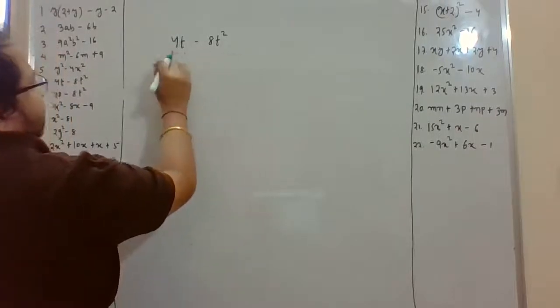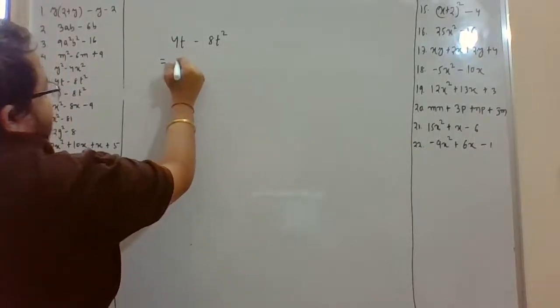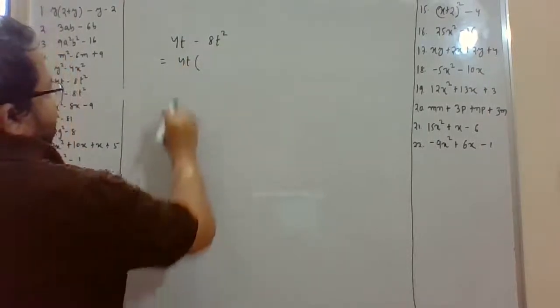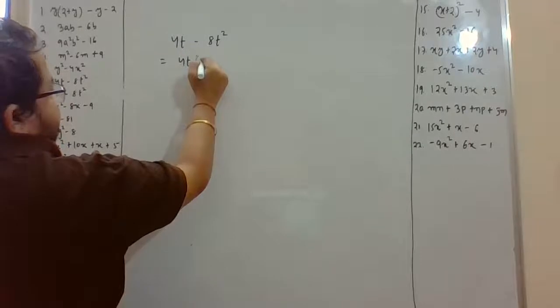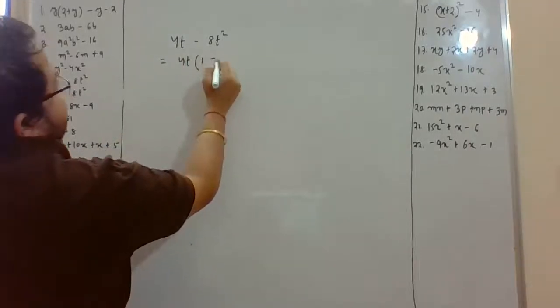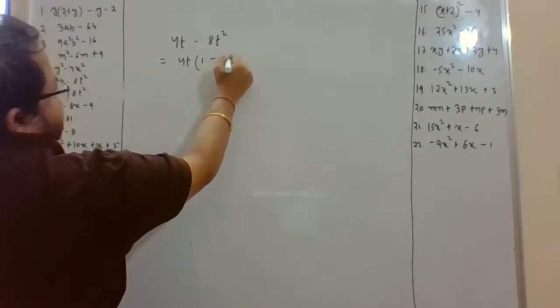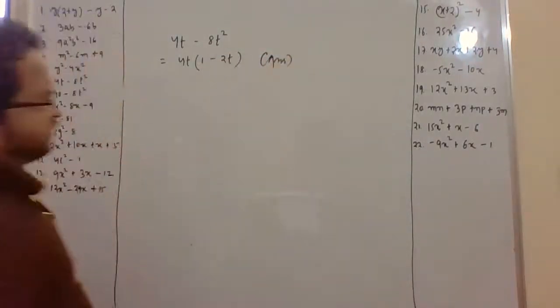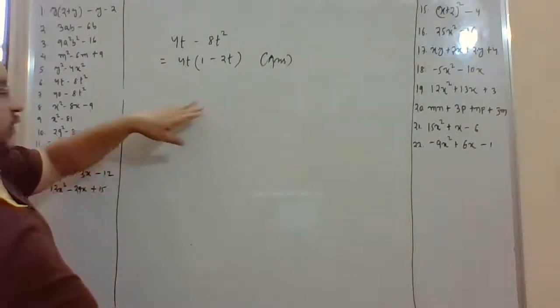So obviously the common factor between these two is 4 and t. If I take 4t as the common factor, what is left is 1, because 4t by 4t is 1, minus 2t. So this is your answer. Very simple, one step, because I cannot factor it any further.